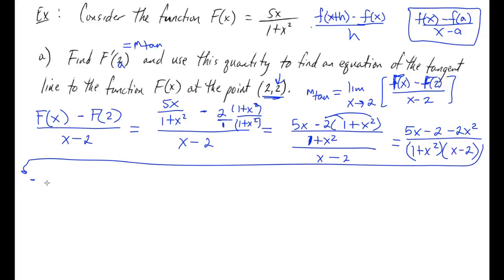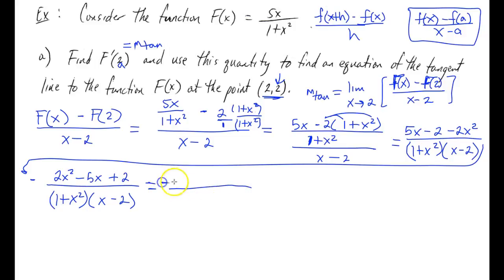So if we do that, then of course this will be 2x squared minus 5x plus 2. And we'll have the 1 plus x squared and the x minus 2 here. So now if we factor our numerator here, we'll see that we get 2x minus 1 times x minus 2.